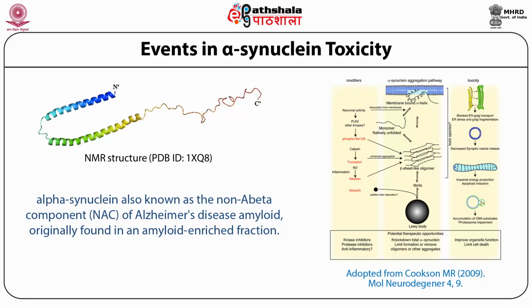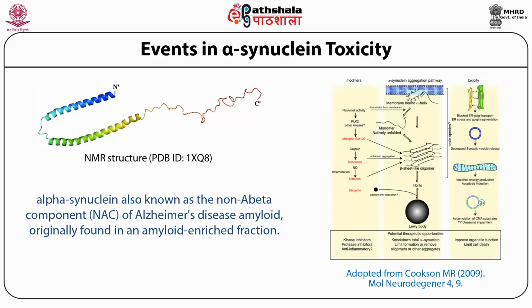You can see that it has two helices connected by a flexible linker and a large C-terminal flexible coil structure. This protein is also seen in the non-beta amyloid component of Alzheimer's disease, originally found in the amyloid enriched fraction.